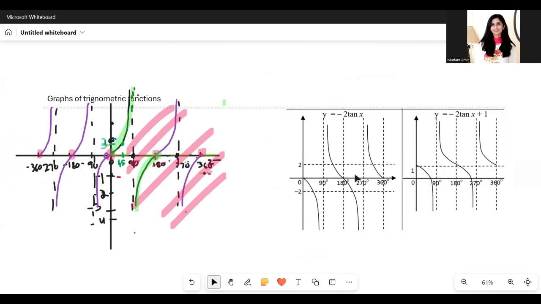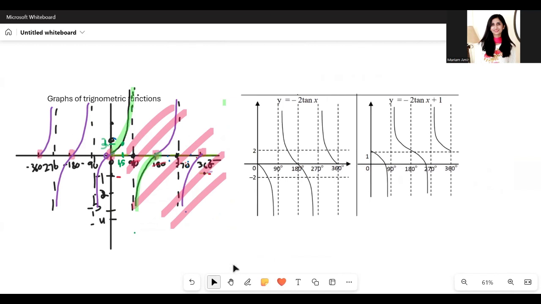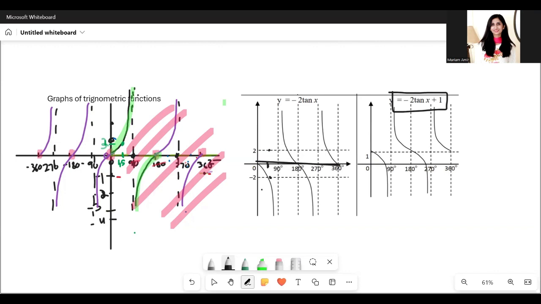So negative 2 tan x is again a reflection on the x-axis, but now with 45 or negative 45, you get 2 corresponding to that, as discussed earlier, not 1, but 2. And for negative 2 tan x plus 1, this graph is going to go 1 unit up. So this is the central line, and then you're going to draw the rest of it about the central line.